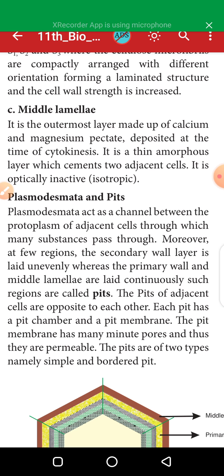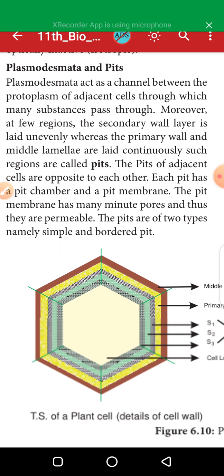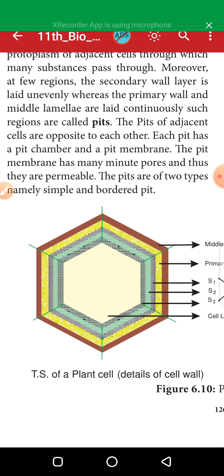Plasmodesmata, தட்டு மாதிரி, and pit. Plasmodesmata act as the channel between the protoplasm and adjacent cells, through which many substances pass through. Moreover, at few regions the secondary wall layer is laid unevenly, whereas the primary wall and middle lamellae are laid continuously.